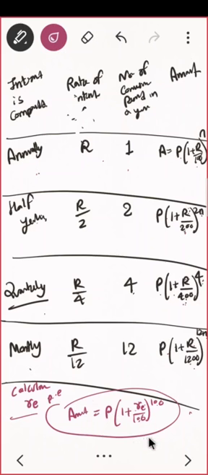And if you want to find compound interest, it will be amount minus principal. Yes, is that clear? Okay then. Try this thing. And this is another method you can say to calculate your compound interest once you get the effective rate of interest. Okay, thank you so much everyone. Bye, take care.